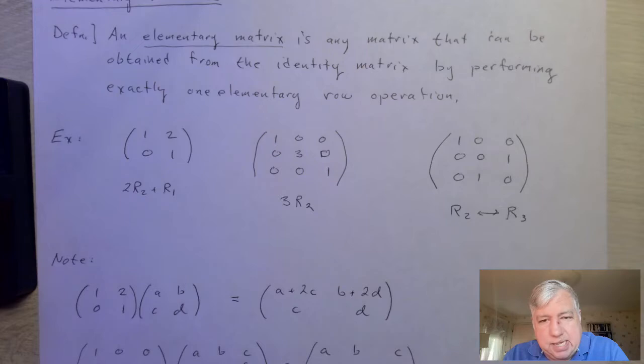Now, one of the nice things about these is the effect of doing an elementary row operation on a given matrix corresponds to just multiplying that matrix by the corresponding elementary matrix on the left.